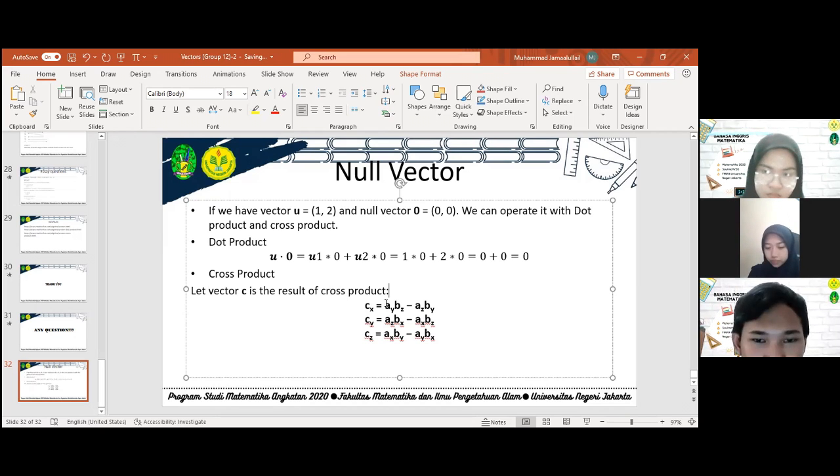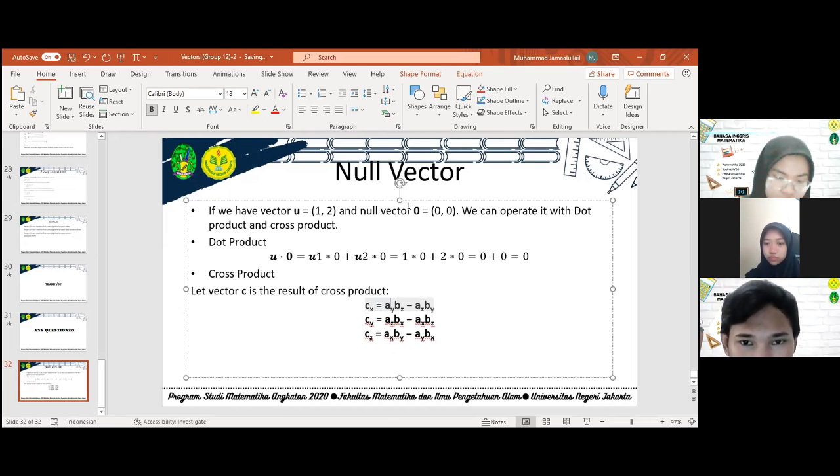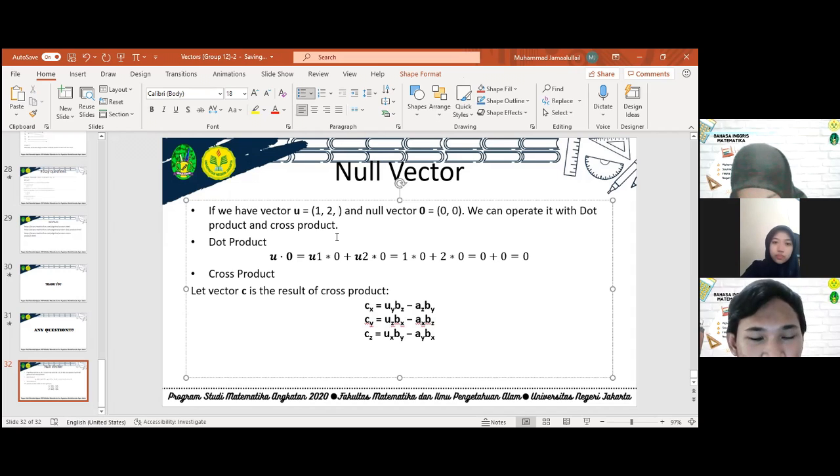So we can find Cx, Cy, and Cz. Maybe we can add one dimension to vector u.